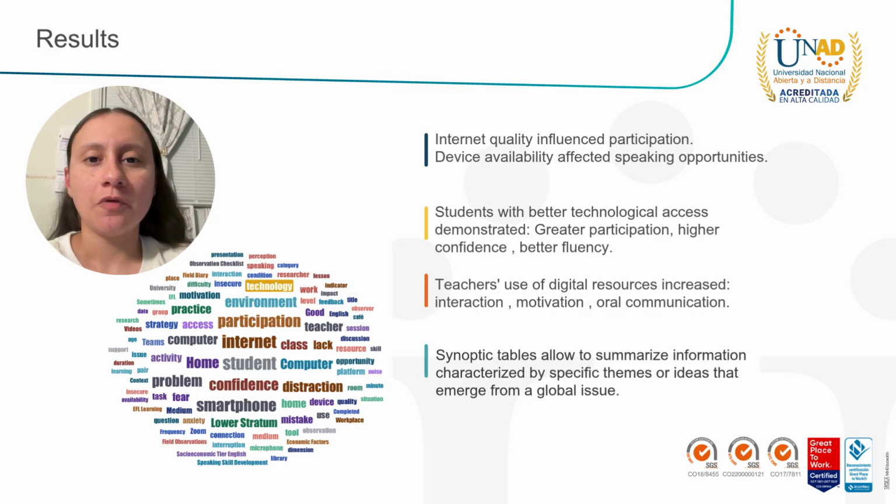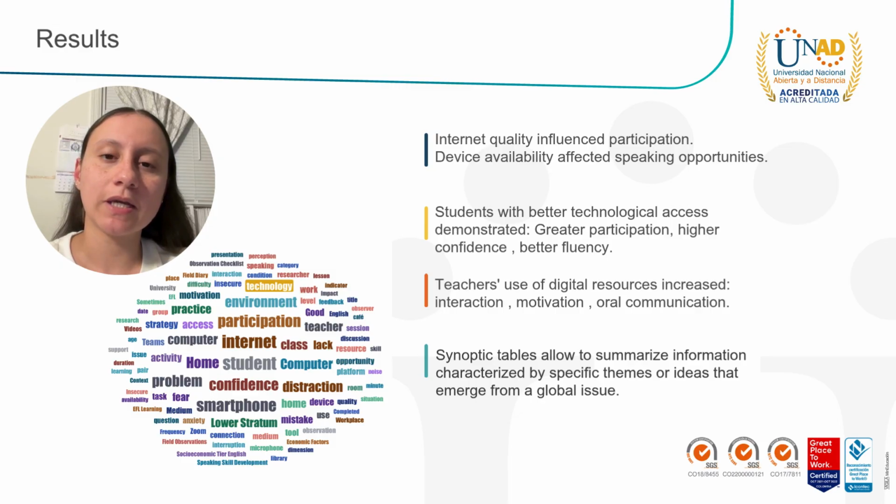Results. Three main results or categories emerged from the analysis. The first one was technology access, which showed that students with stable internet connection and adequate devices participated more frequently. The second one was speaking skill development, which revealed that better technological conditions improve confidence, fluency, and oral participation.